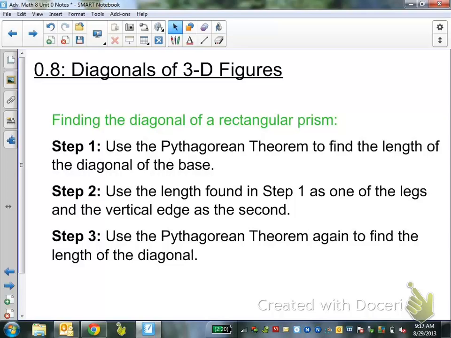Okay, so for lesson 8, we are trying to find the diagonal through that cube going from one corner to the other. It's a 3-dimensional diagonal.